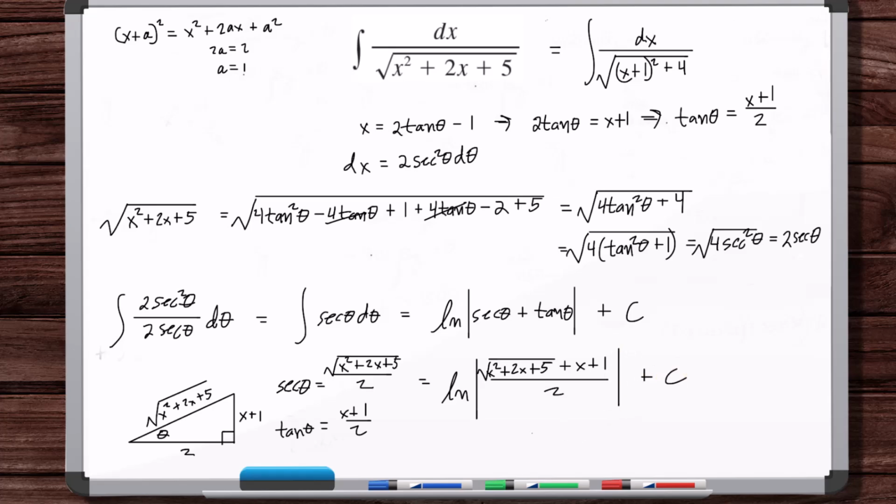And what we can do is, this is equal to the natural log of the absolute value of x squared plus 2x plus 5, the square root of x squared plus 5, minus the natural log of the absolute value of 2, plus c, but this is just a constant. And there we go. That is the integral.